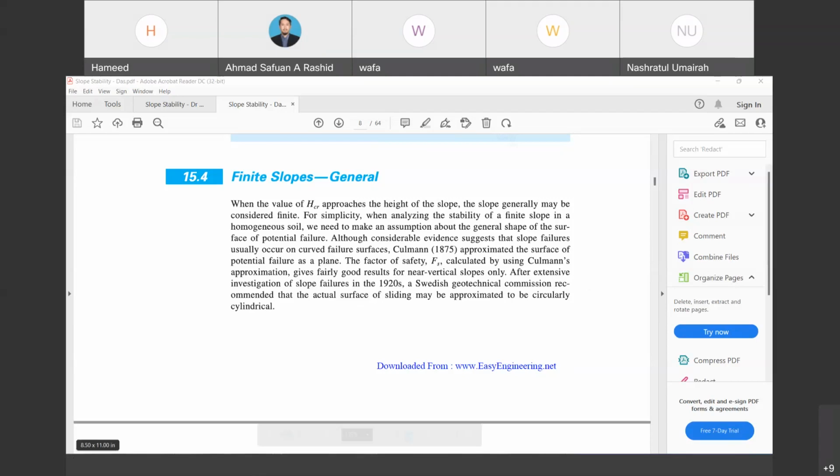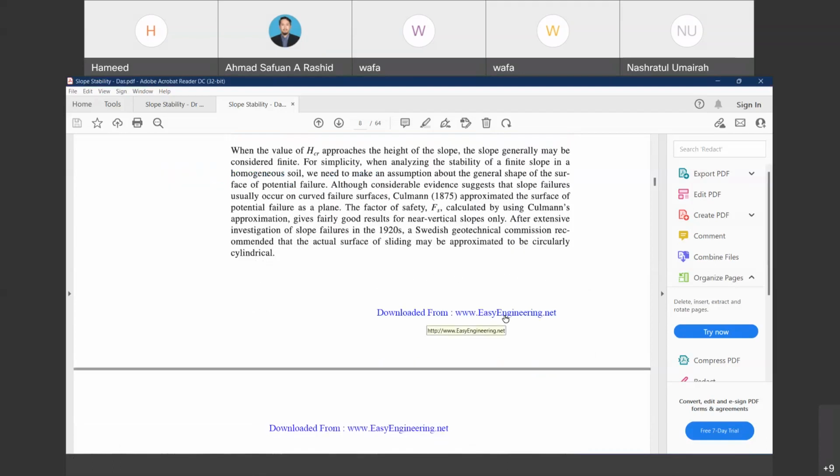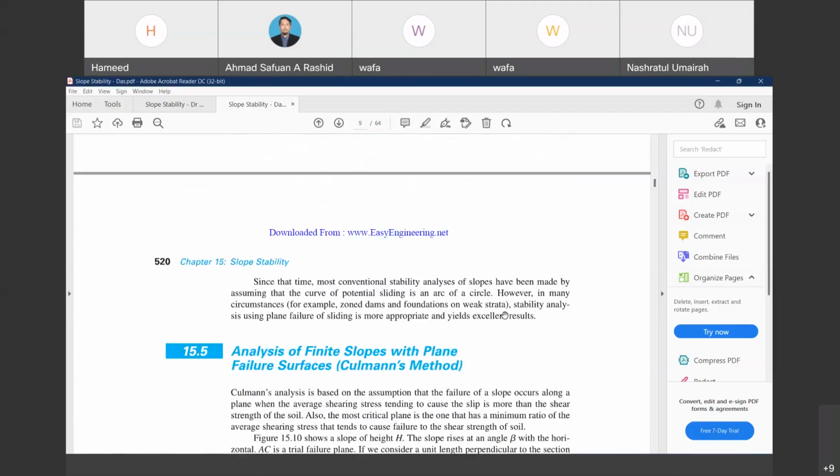So at least you understand the background of the analysis. For the first one they used Culmann, until after 1920, when they used the circular cylindrical approach.